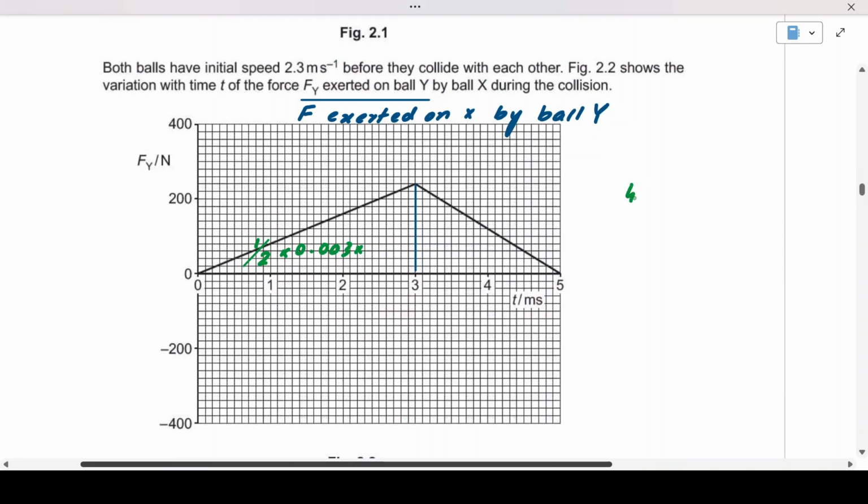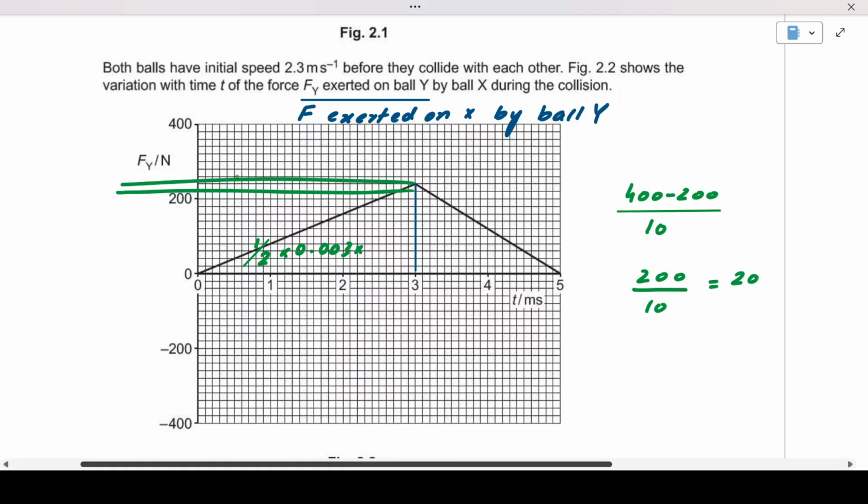How do I know? 400 minus 200 divided by the small blocks. How many blocks do we have? 10. So 200 divided by 10 means 20. So one block is representing 20. So this one would be 220 and then this one would be 240.